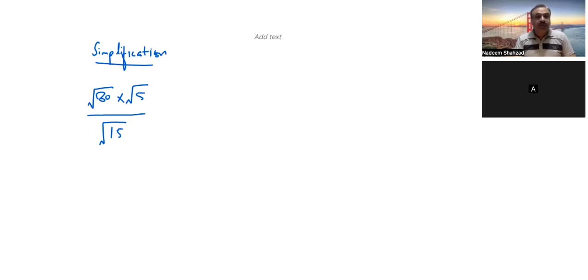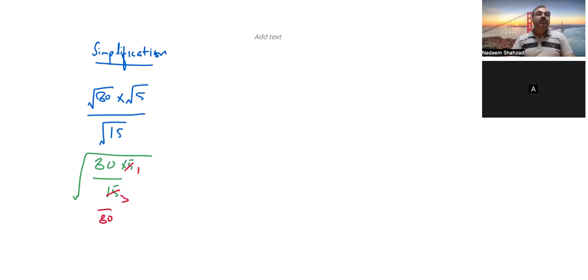So we can combine all the terms. It will be 80 times 5 over 15 and the whole square root. Now we can cancel them or simplify them. So 5 1 times and 5 3 times. So we will get square root of 80 divided by 3.